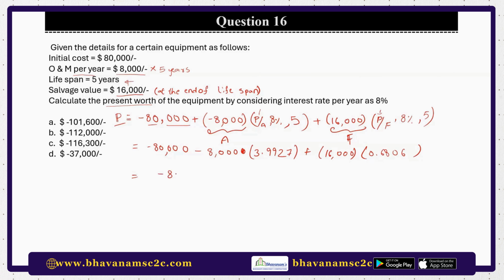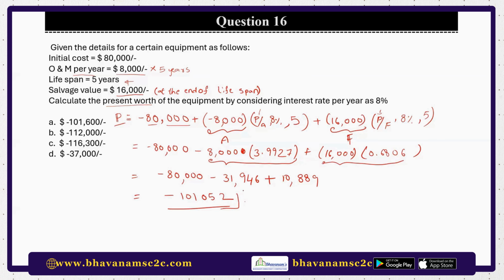Okay, let's do it. 80,000. Now calculate this thing and this thing. This is 31,946 plus 10,889, right? So what is the answer? So then this is the one. The closest value is this.